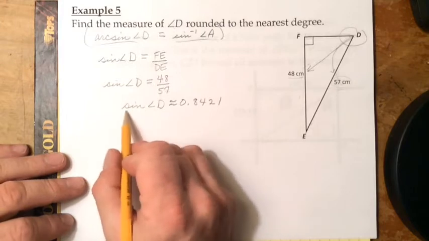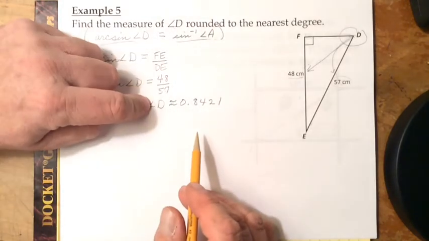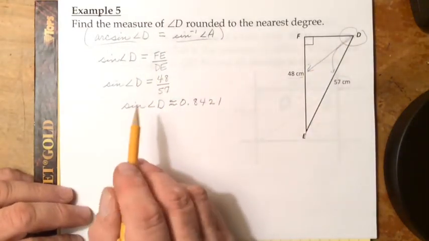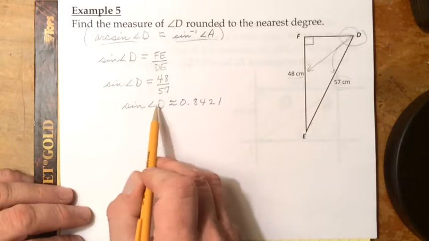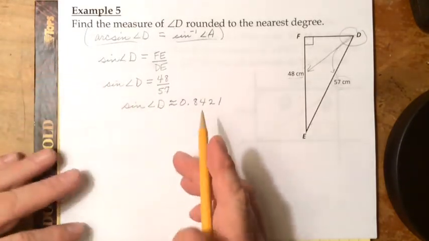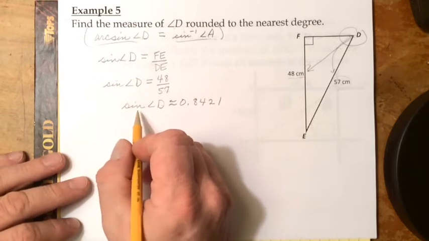So at this point we need the measure of angle D. That's what we were asked for. The only way you can get the sine off the measure of angle D, or the cosine or the tangent function, is by taking the arcsine or the arccosine or the arctan.